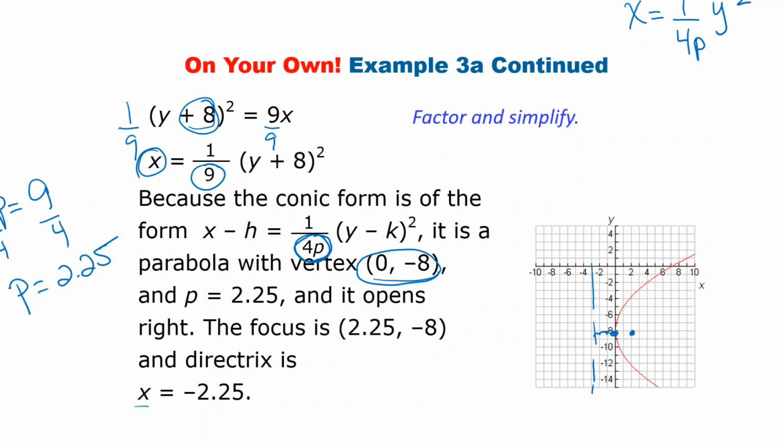So notice it says my directrix is at x equals negative 2.25. All right, so there it is. And then my focus is 2.25, and it's still down here at negative 8. So that's how we found our P and all the rest of the information we needed for that graph.